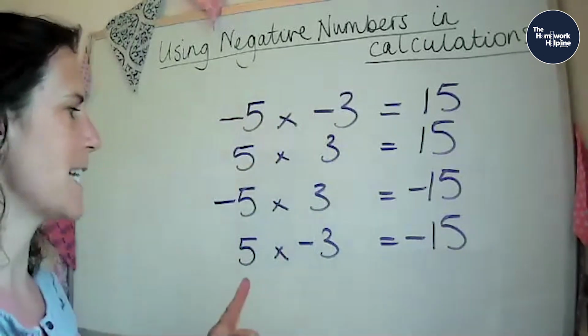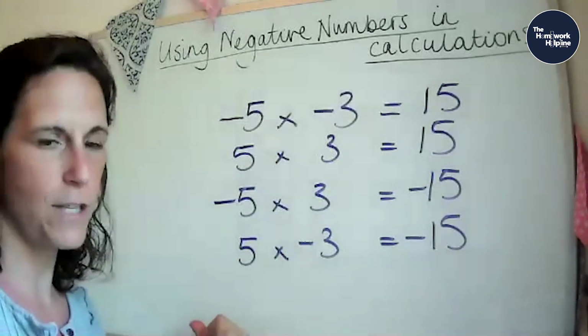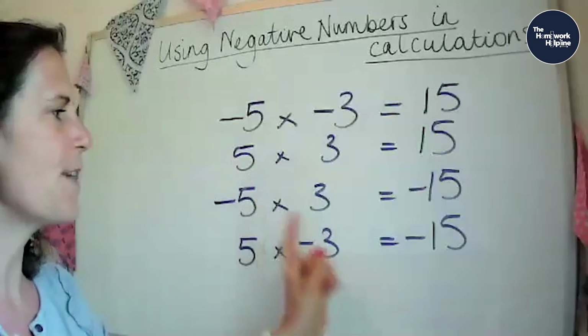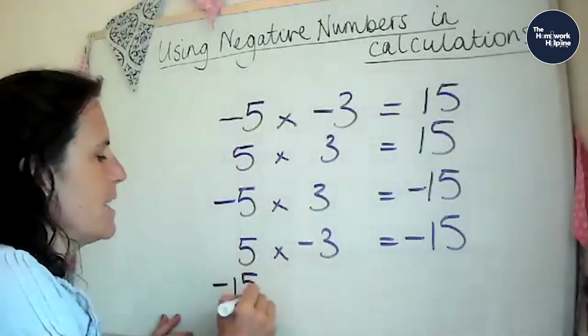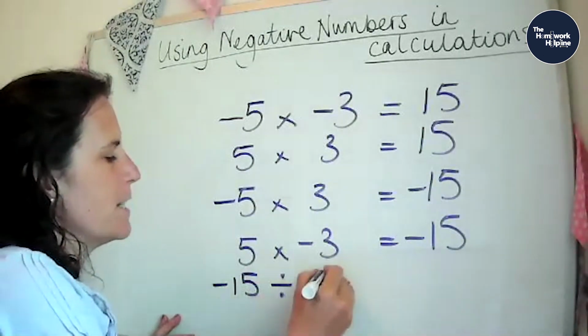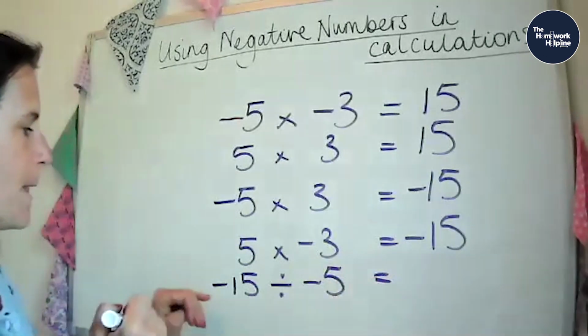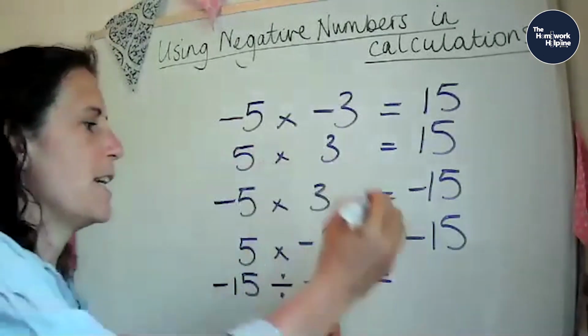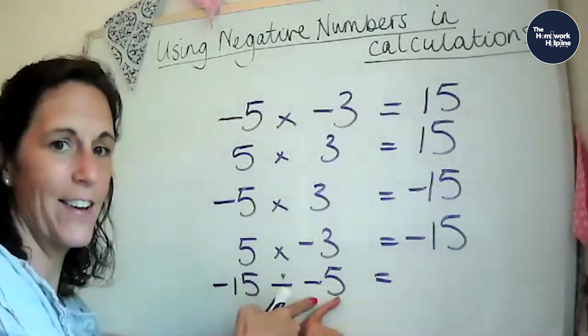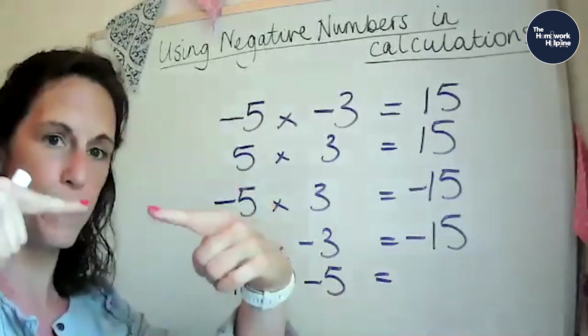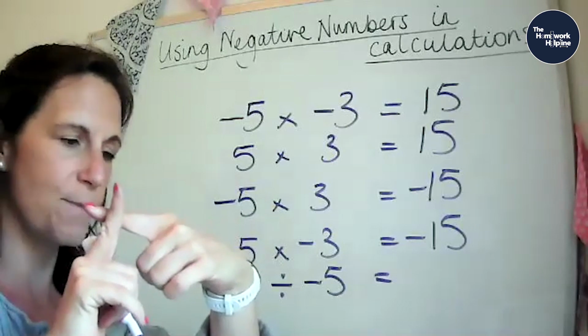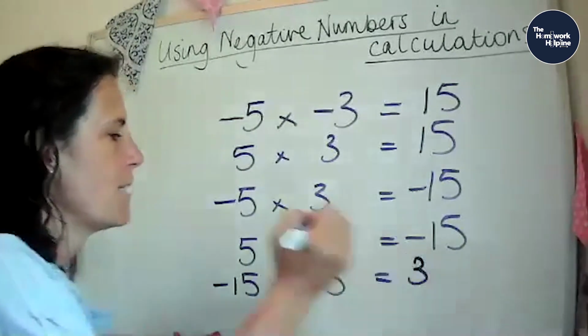And the division is exactly the same. I showed you two in the first example. So if we turn this around and say minus 15 divided by minus 5, two negative numbers together make a positive. Remember those two negative numbers? They go together to make a positive. So you end up with 3.